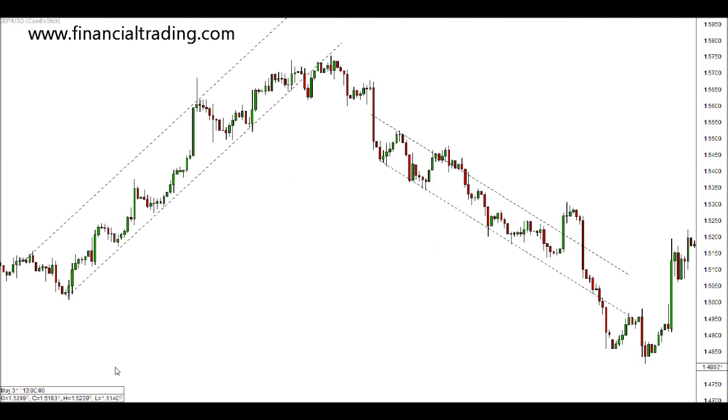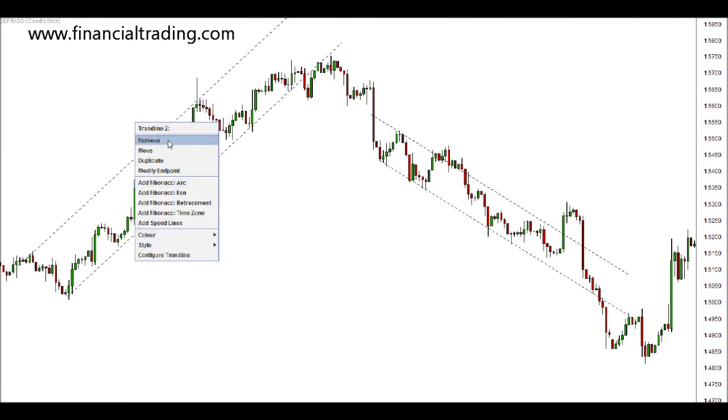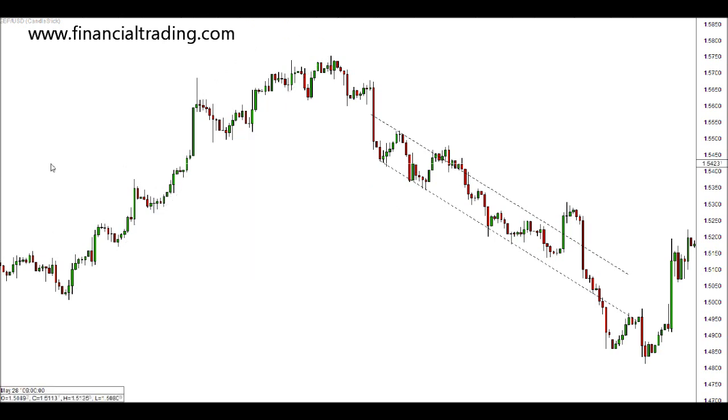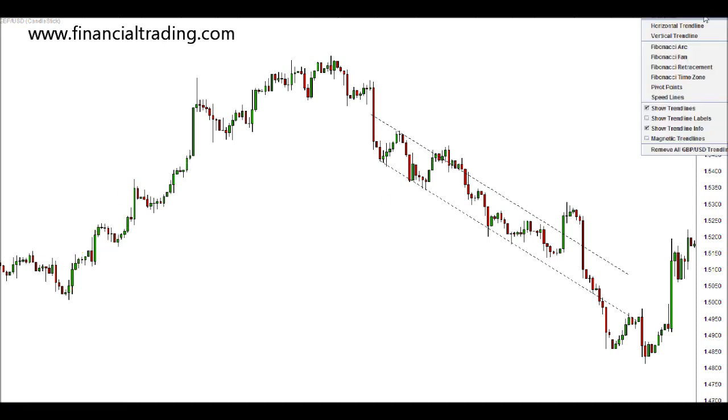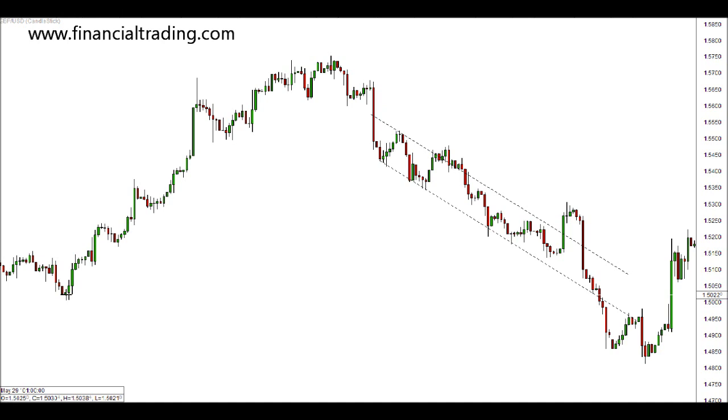Once again, if we identified this uptrend, a push, a pullback, a push, we could draw a trend line connecting the ends of these pullbacks, and that would give us a support line for the rest of the trend.